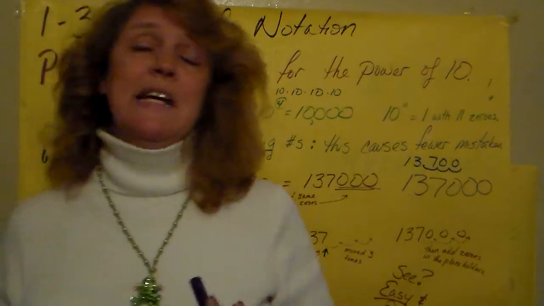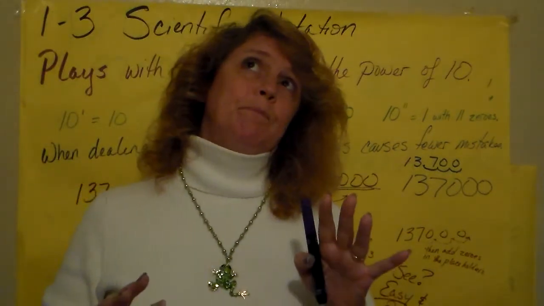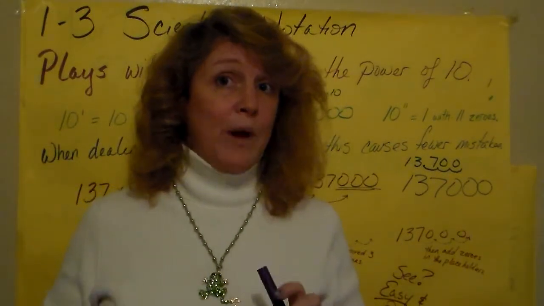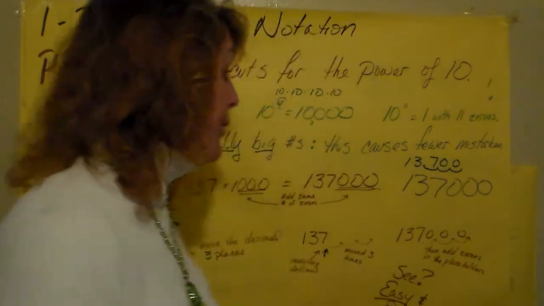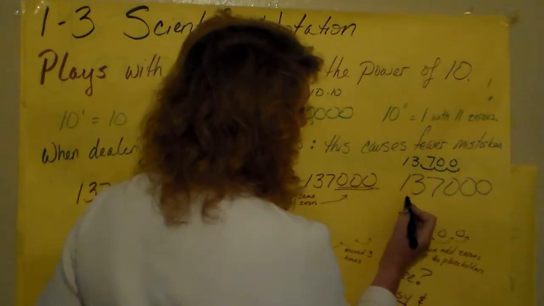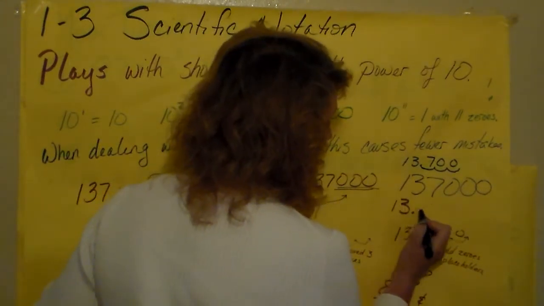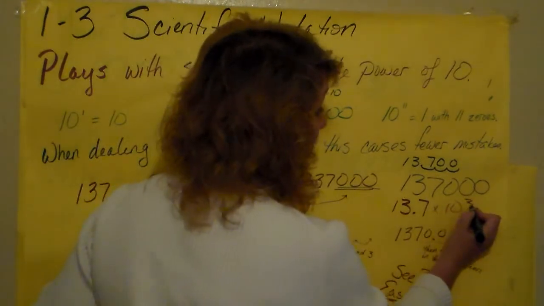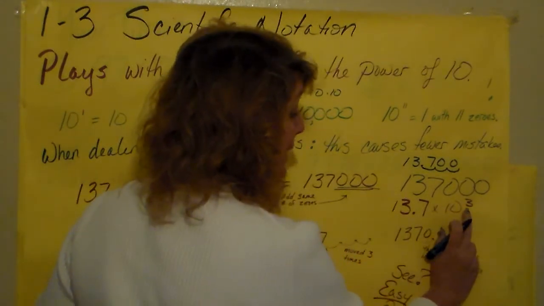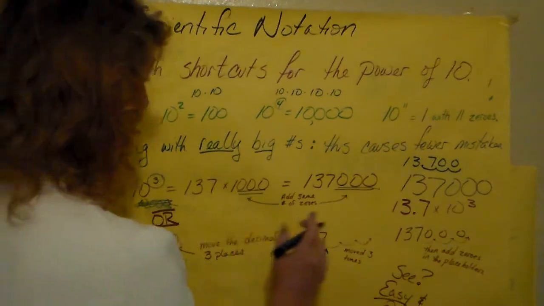But what I want to say to you is that sometimes we actually start with numbers that have decimal points in them. For example, if we were to use 13.7 times 10 to the 3rd, we're going to move this over 3 decimal places. Oh, I need some workspace.